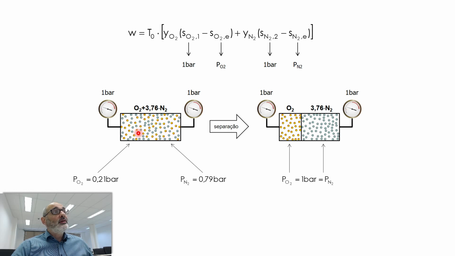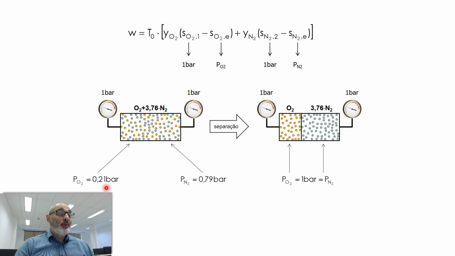Well, you know, it's a mixture of perfect gases, so each individual gas is, let's say, experiencing different pressures. It's subjected to its partial pressures, okay? So O2, the pressure that O2 molecules are sensing, is not 1 bar, it's only 0.21 bar.